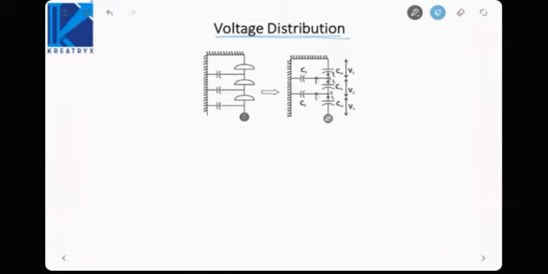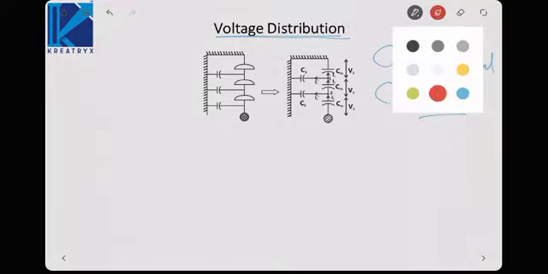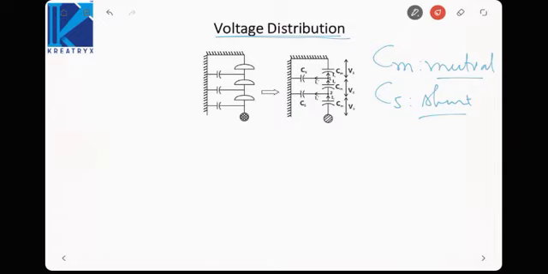Okay, so here there are two types of capacitances that are defined. One is called CM, that is mutual capacitance. The other is called CS, that is shunt capacitance. This is shunt, this is mutual. Now why mutual and shunt?